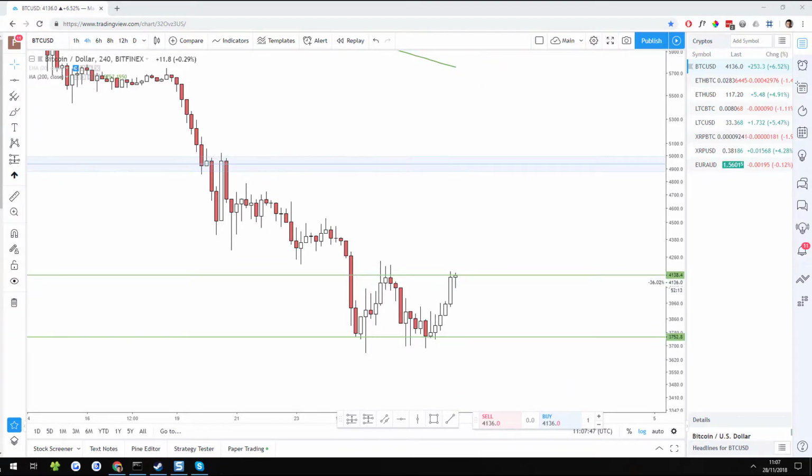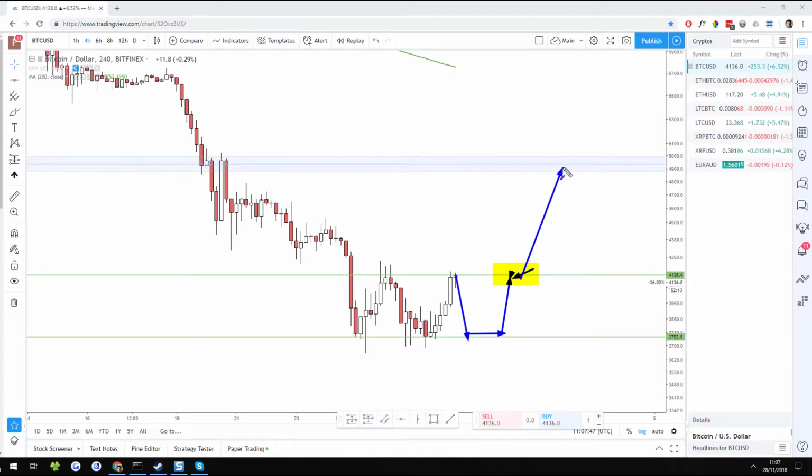If we get a drop back down and price stalls, so if it just shoots down like crazy, I'm not going to buy at that point because obviously there's a lot of selling going on and it could smash right through the bottom of this range. But if it drops down and then it stalls for maybe 12, 16, 18 hours, something like that, I'll be looking for a long from there with first target at the top of this range here, so around here.